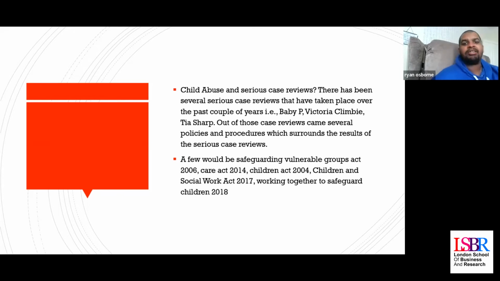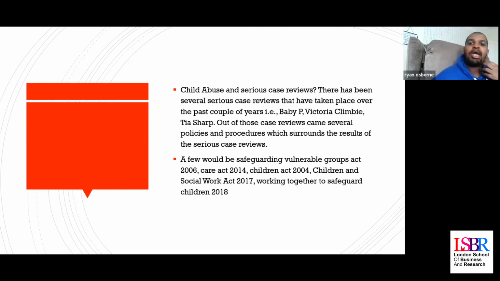So let's look at some of the acts around serious case reviews, which you can also link to legislation. One of them is the Safeguarding Vulnerable Groups Act 2006. That is basically an act to safeguard vulnerable people.